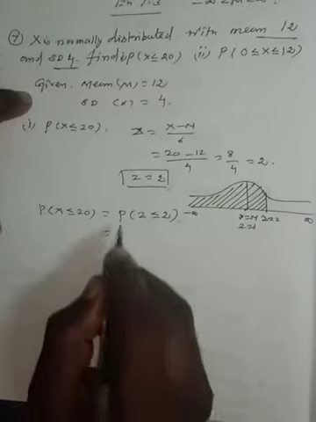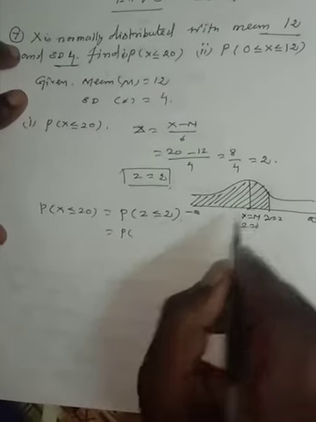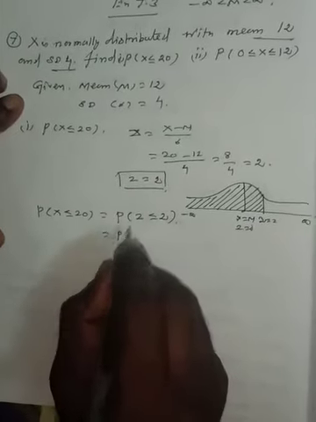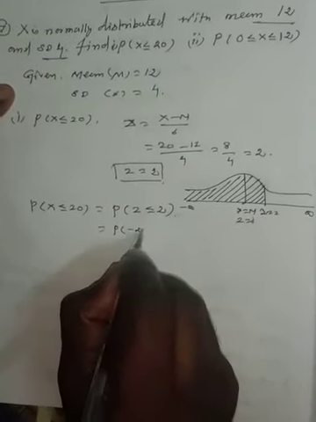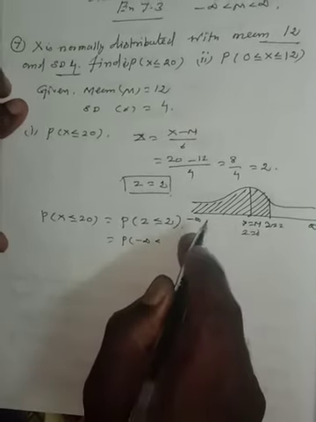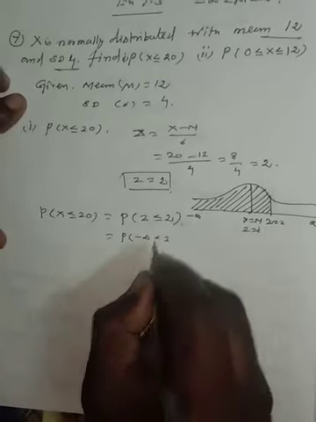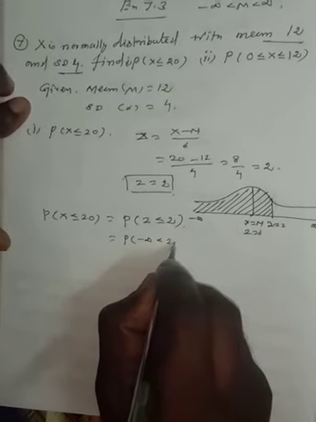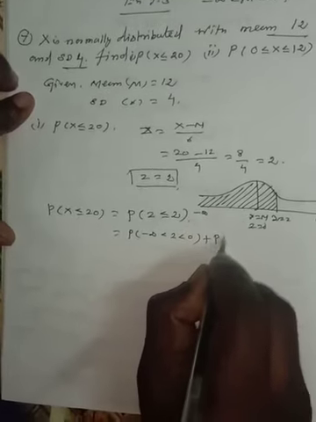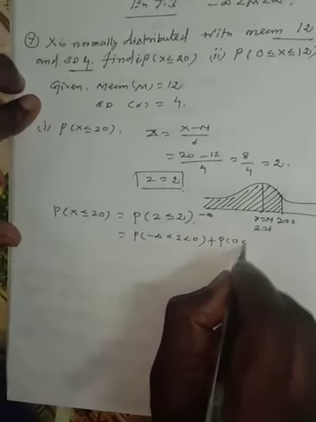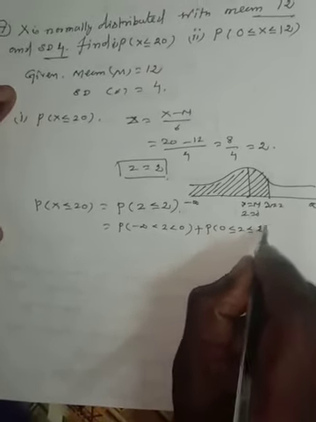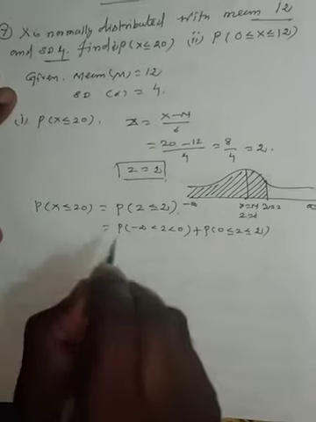It is equal to the probability of minus infinity less than z less than 0, plus the probability of 0 is less than or equal to z less than or equal to 2.